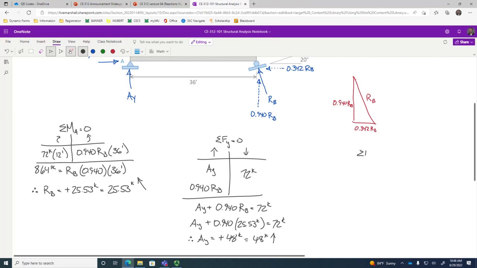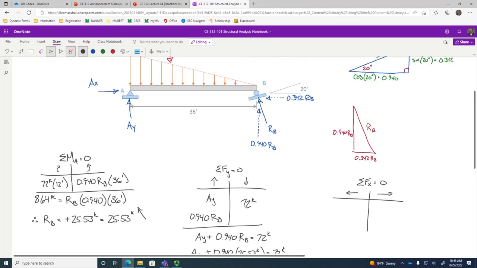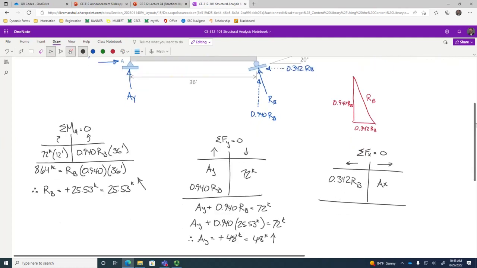Now if we sum forces in the X direction, all right, so I have AX on this side, I'm getting it right this time, and I have 0.342 RB on this side. So this one's probably not going to be as pretty.